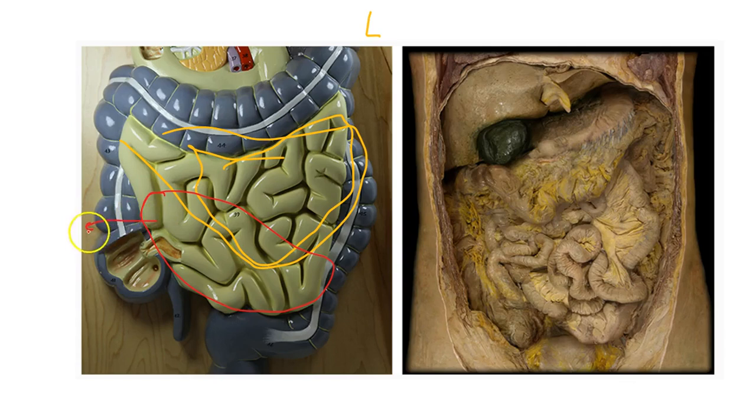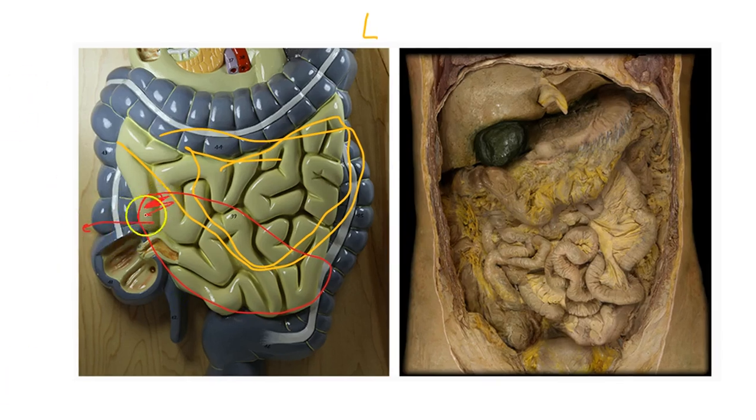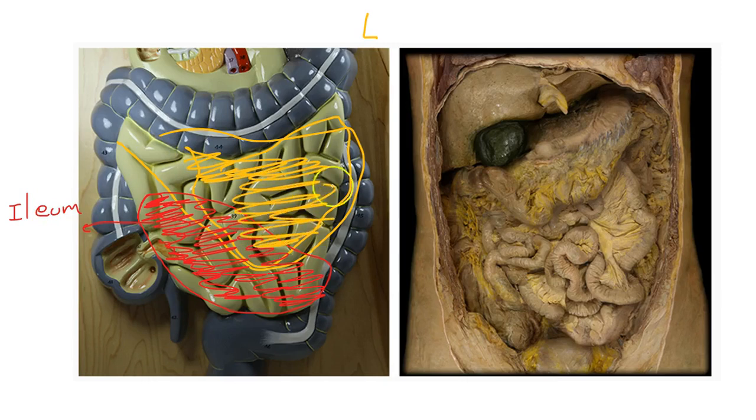So here we have the ileum. Ileum is mostly on the right side, and then the inferior and right side. Ileum, I-L-E-U-M. And then on the upper and left side, we have jejunum. Jejunum.